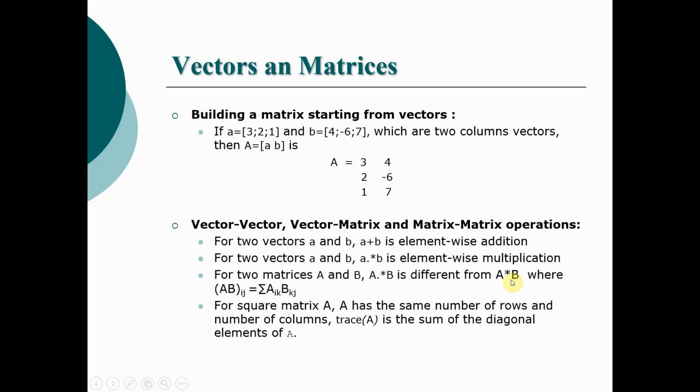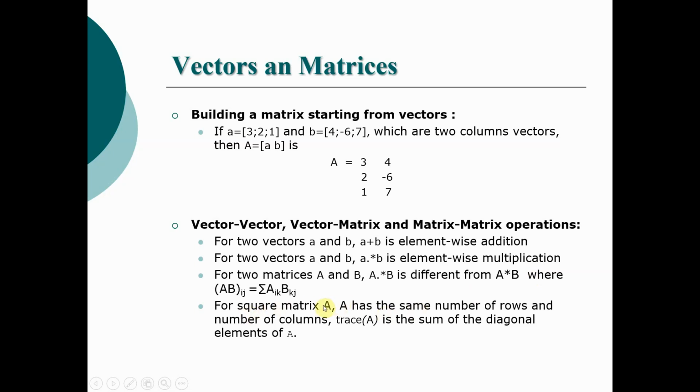And matrix multiplication is defined like this. Each element of the result is basically a dot product of the corresponding row of the first matrix and the column of the second matrix. I'm not going to discuss more because you've already seen this before.